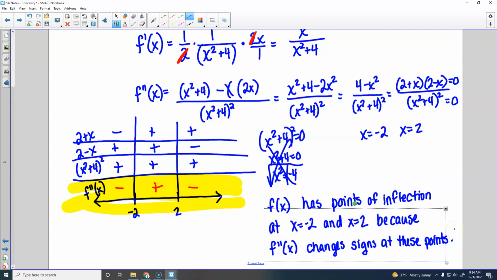You could say goes from negative to positive or positive to negative and list them separate, but you don't have to. You can just say changes signs. For maximums and minimums, it matters whether it's negative to positive or positive to negative because that tells us whether it is a maximum or a minimum. Points of inflection don't have special names for going from concave up to concave down or down to up. So you can just put it in one blanket term there.